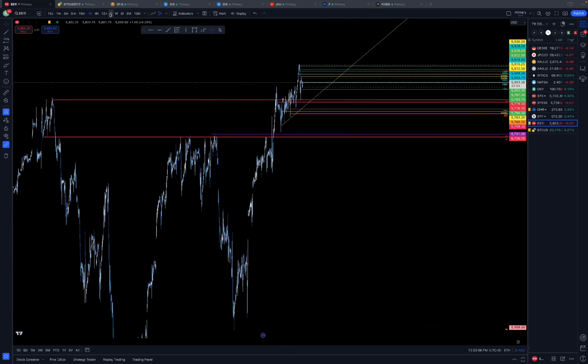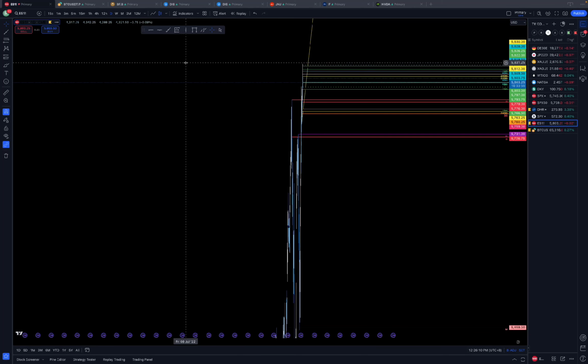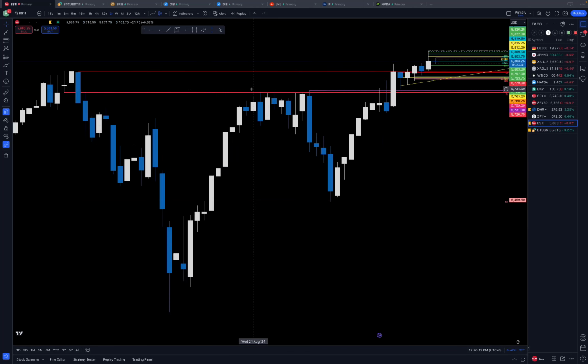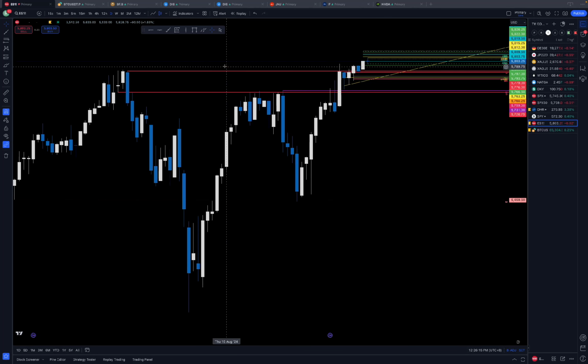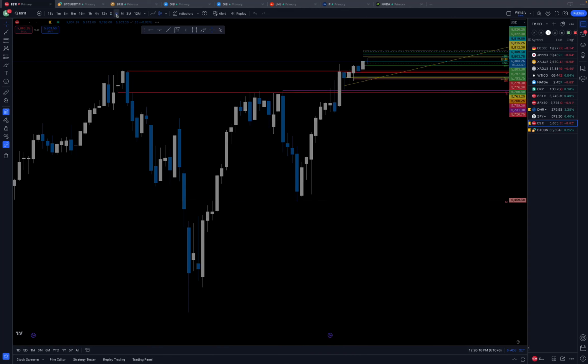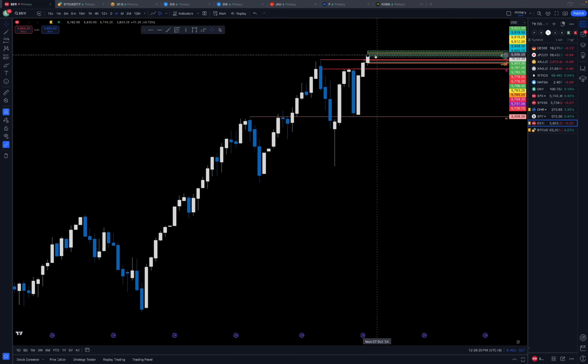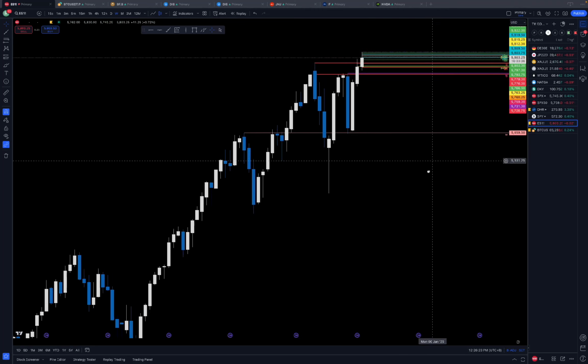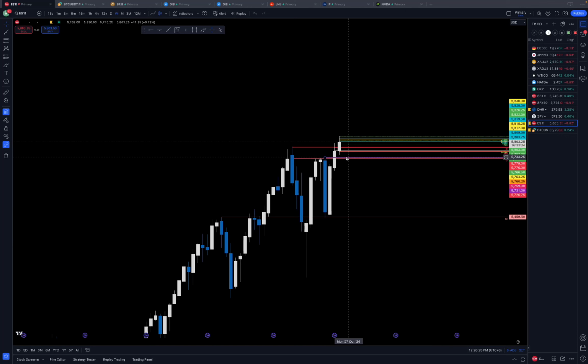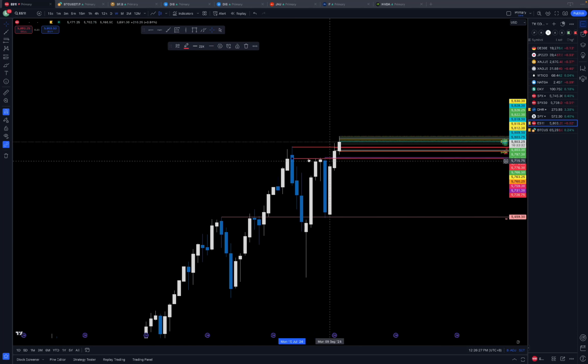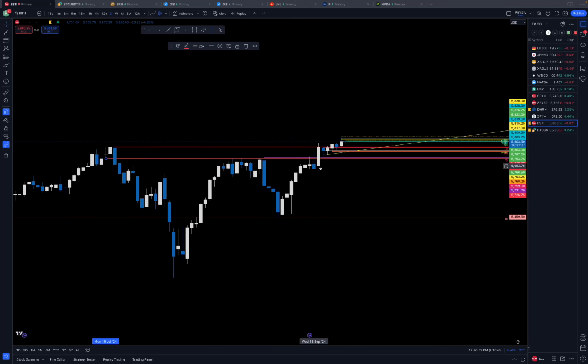In terms of a move down, let's say we start to get our weekly candle, the red here, and we have to hold this back here, which this would need to continue to hold, right? We would have come back down here.